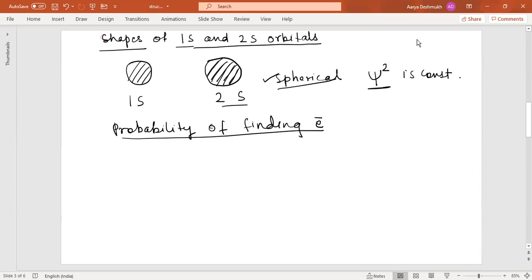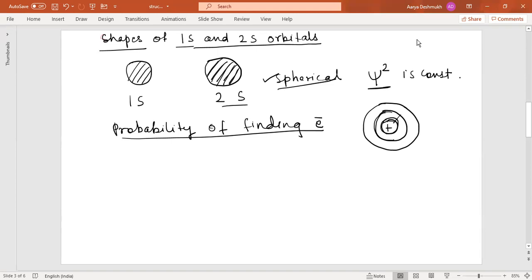Now it means that the electron is located farther from the nucleus as the principal quantum number, that is n, increases. If this is the nucleus, this is the first shell, this is the second shell. If the electron belongs to the first shell, it will be quite near to the nucleus.